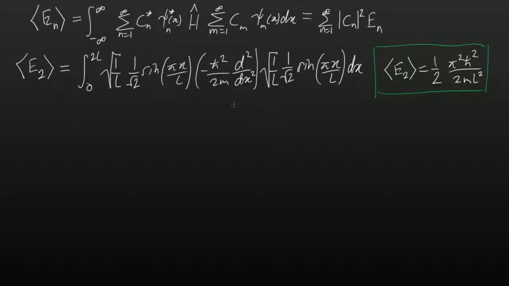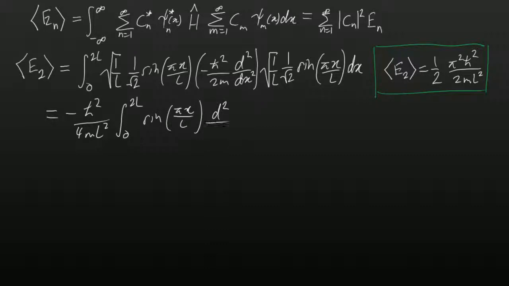Okay, we'll bring out all the constants to the front, for mL squared in the integral. Okay, and this is still here. And it's the operator that's going to be operating on this function right here.